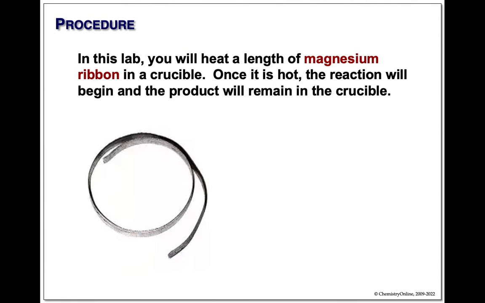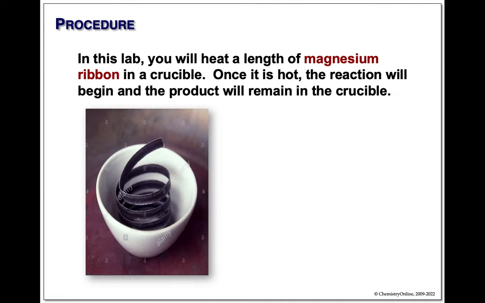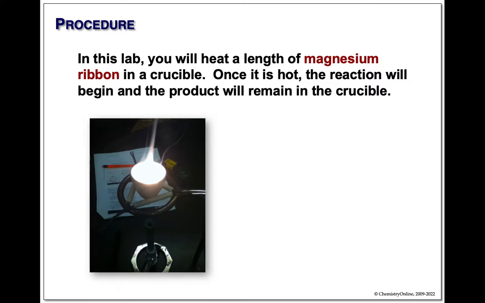All right, we're going to start off with a length of magnesium ribbon. What you're going to do is roll this around a pencil or a little finger or something until you get something like this. You're going to place it in a crucible, and we're going to heat the heck out of this crucible. Going to heat it so it's red hot.